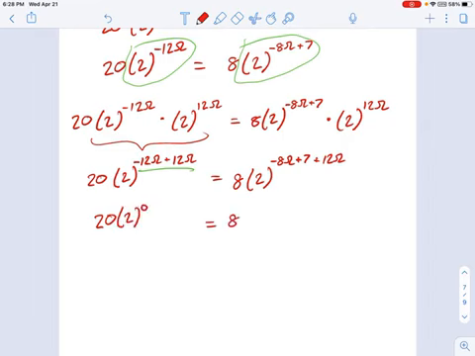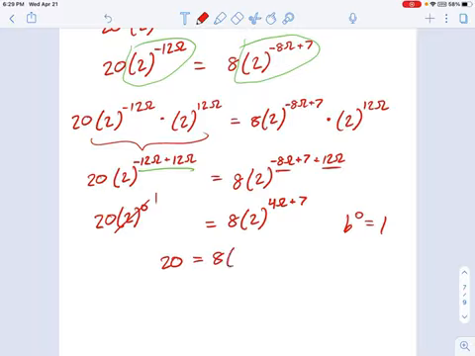Okay, now on the right, we've got 8 times 2 to the negative 8 omega plus 12 omega. That's going to be 4 omega plus 7. Now on the left, 2 to the 0 power, remember anything to the 0 power is always just 1. So this right here is just 1. So I get on the left, 20 equals 8 times 2 to the 4 omega plus 7.